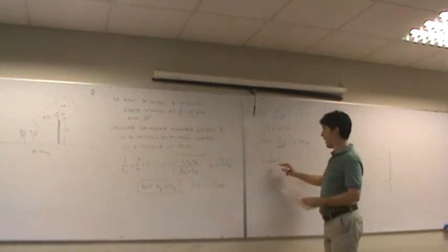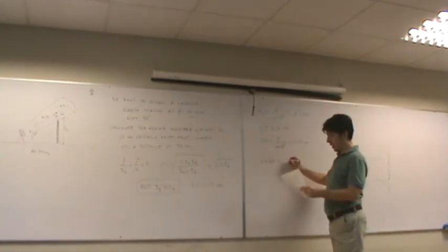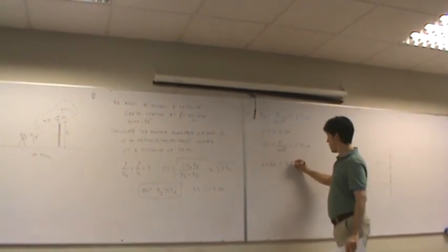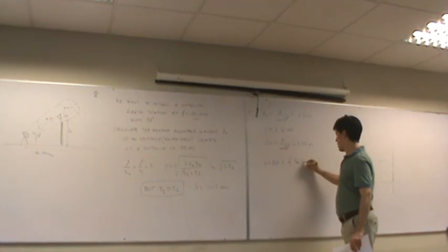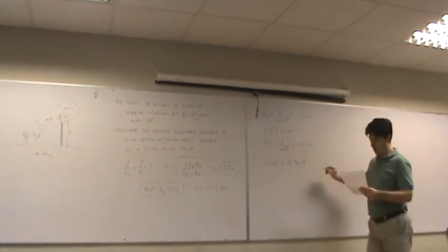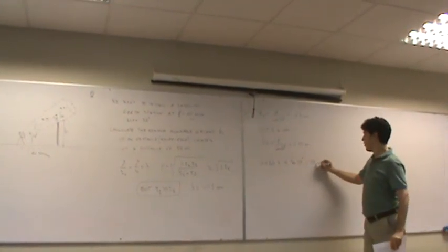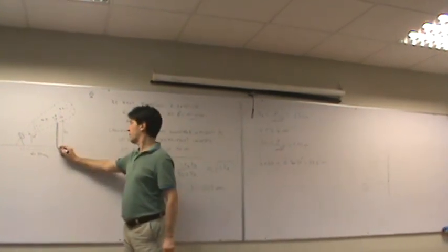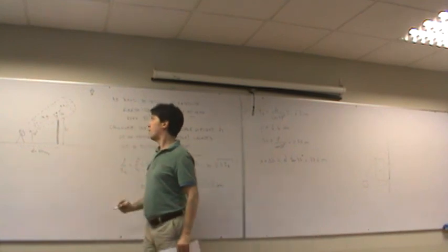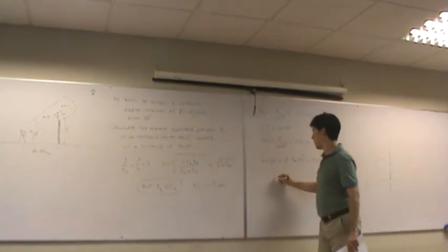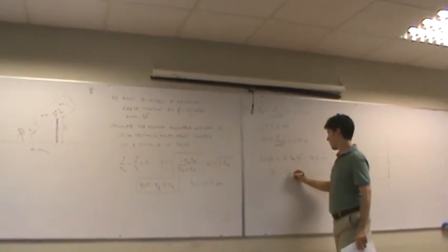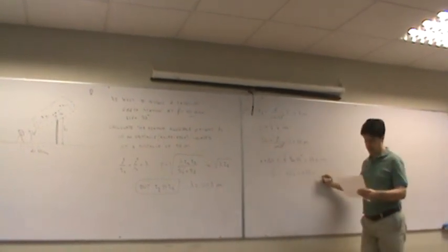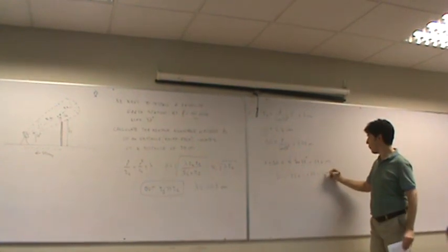So the total height will be the distance times the tangent of 37 degrees. That is 37.6 meters. This is the total height from this point to here. But your building can be only lower. The maximum allowable height would be around 35.8 meters.